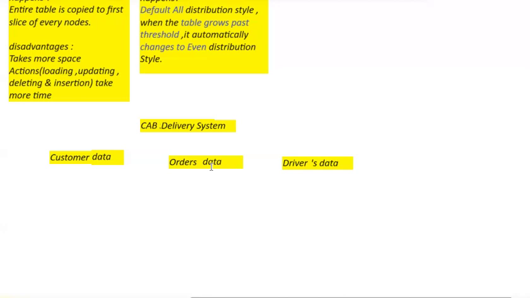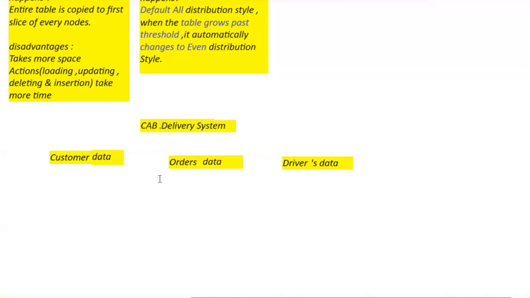Each booking or order contains a particular ID to identify it. That is nothing but what you can assume as a distribution key, right? Since we are using a particular ID to identify a customer's order or booking, we can assume it is a key, a distribution key.